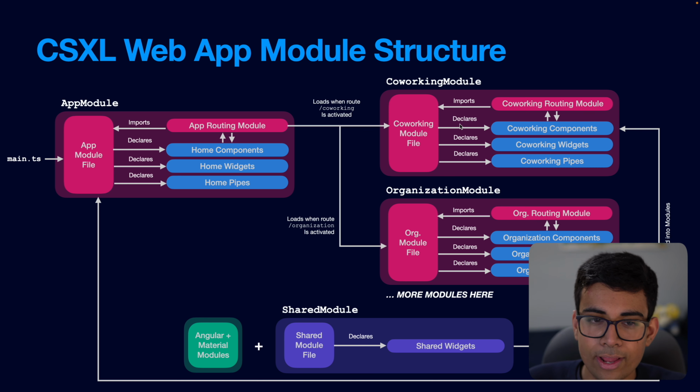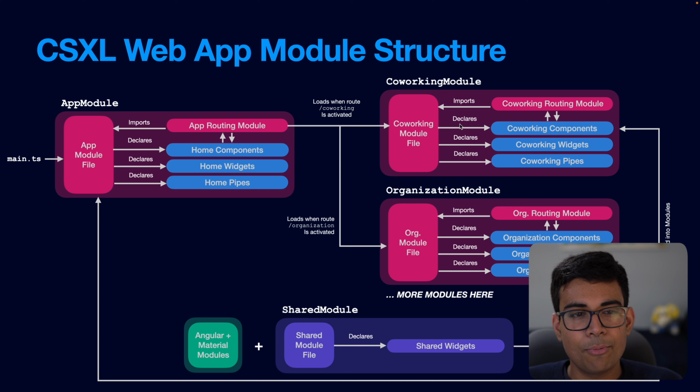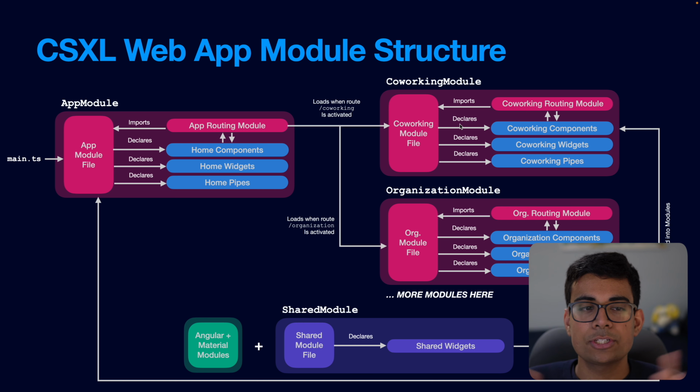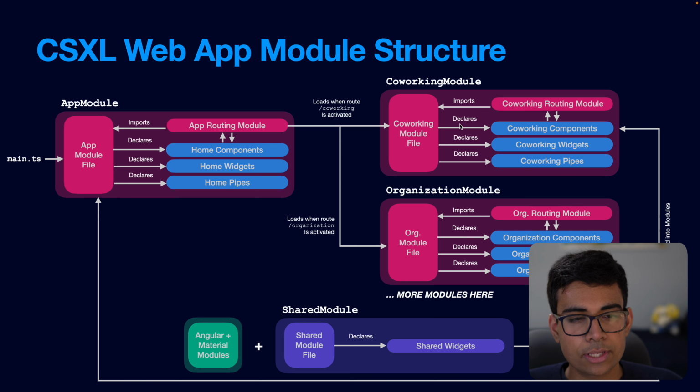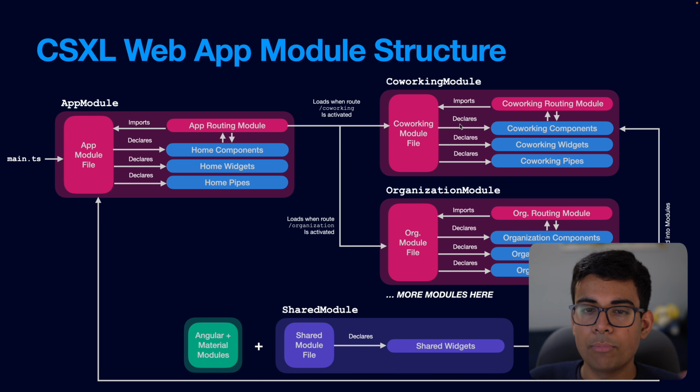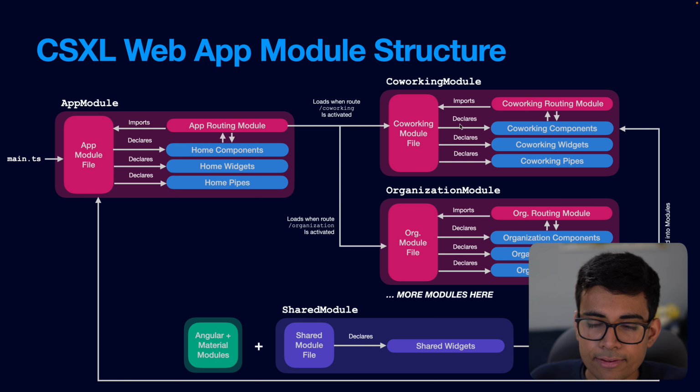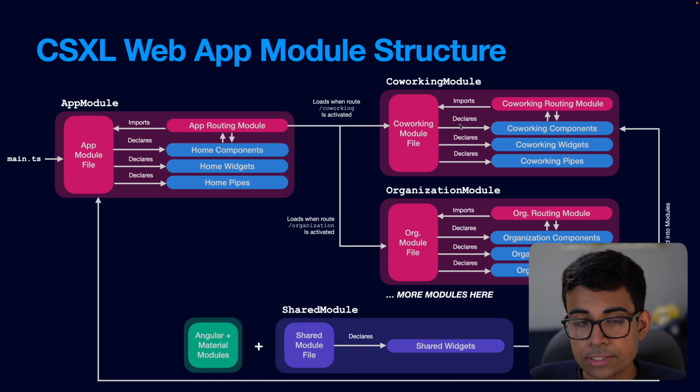This is maybe more of a zoom out. That diagram may have just been for one module. Now let's zoom out and look at multiple modules. And in the end, you have this web of modules with imports and loading, and this is the main architecture of the CSXL site. It may seem very confusing at first, but in the end, this will actually help you organize your code a lot better, and it allows you to work in smaller chunks.